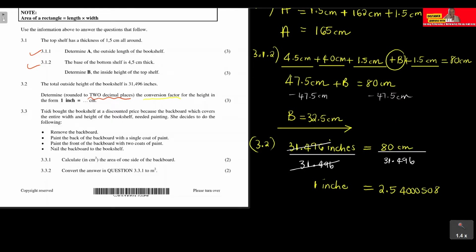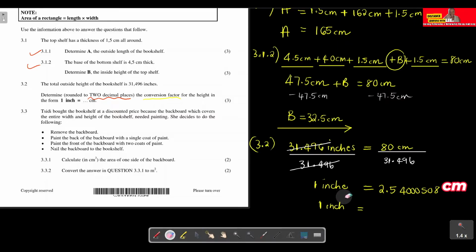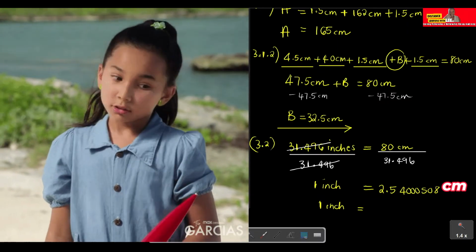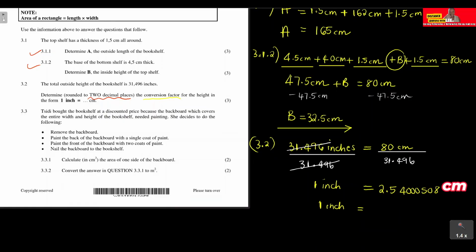Therefore, our final answer will just be 1 inch is therefore equal to, why did I write inchy? Inch. Okay, 1 inch is therefore equal to, rounded off to 2 decimal places, 2.54 centimeters.